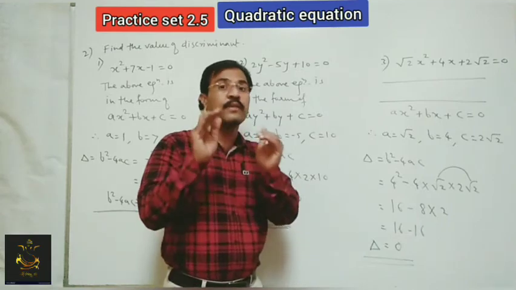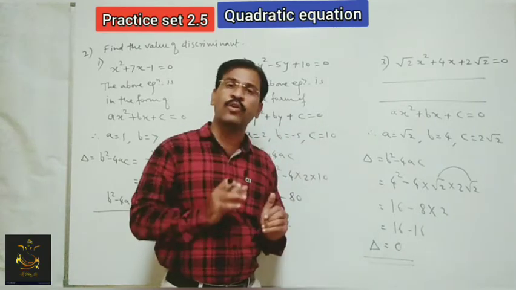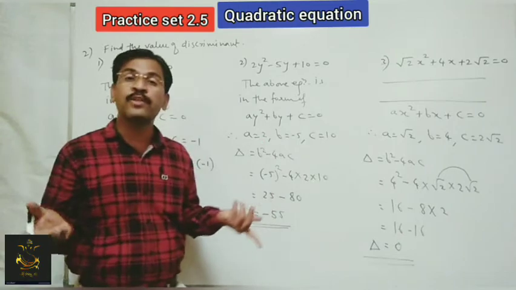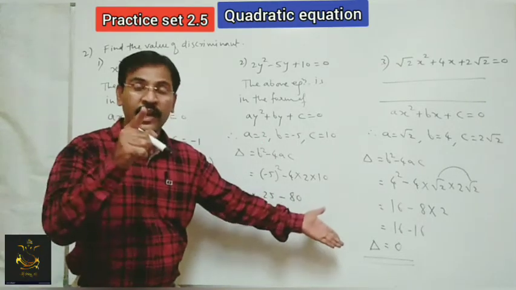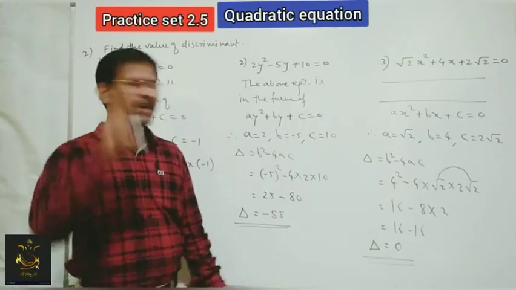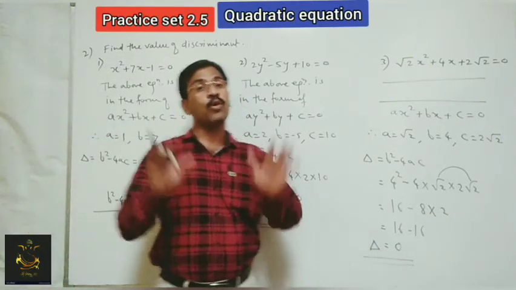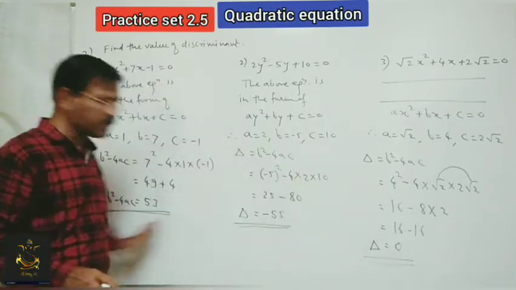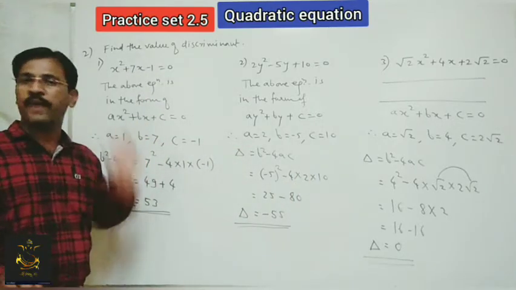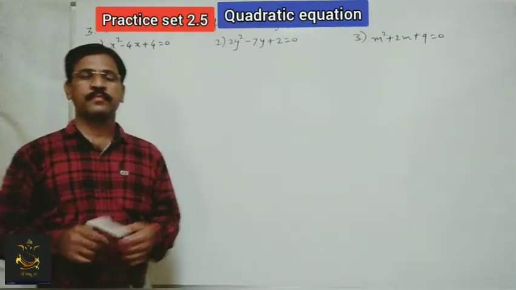Whenever the discriminant, that is delta, is 0, then think about the nature of the roots. Roots are real and equal. Whenever delta is 0, then roots are always real and equal. But here we have to find only the discriminant's value. Understand, friends?